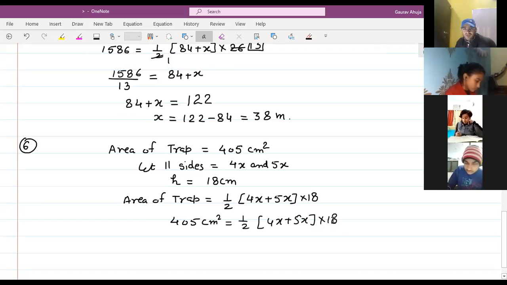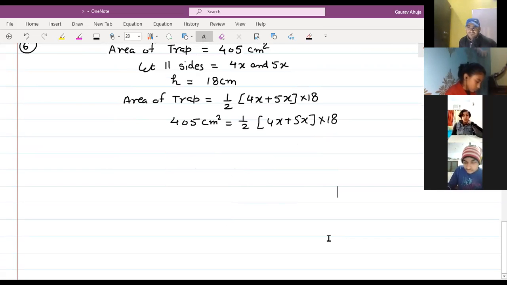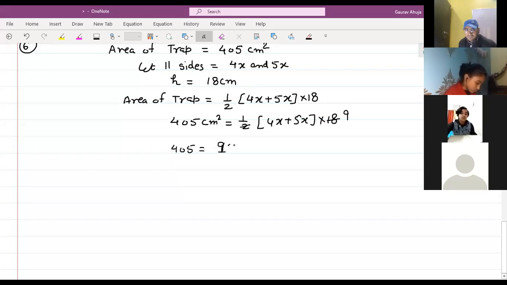Now 4x plus 5x is 9x. Half से ऐसे कट कर देते हैं. Outside the bracket we have 9, and 9x inside the bracket.